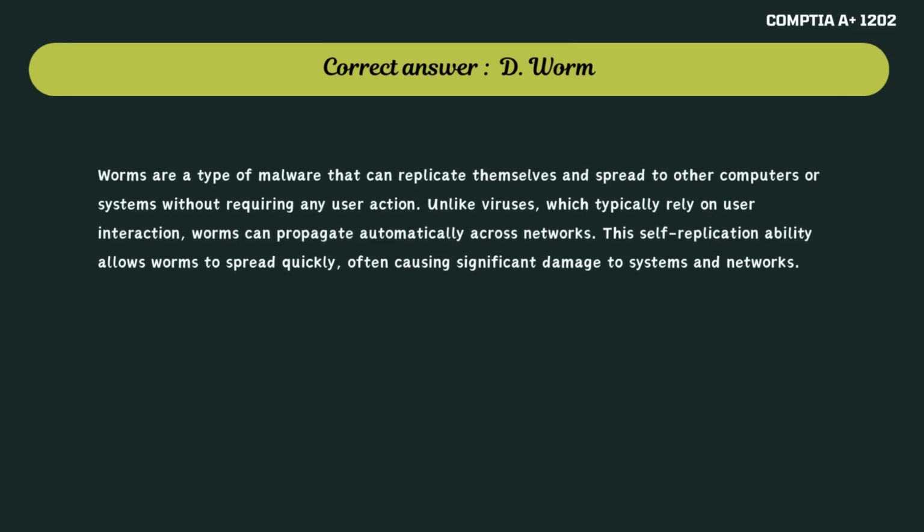Worms are a type of malware that can replicate themselves and spread to other computers or systems without requiring any user action. Unlike viruses, which typically rely on user interaction, worms can propagate automatically across networks. This self-replication ability allows worms to spread quickly, often causing significant damage to systems and networks.